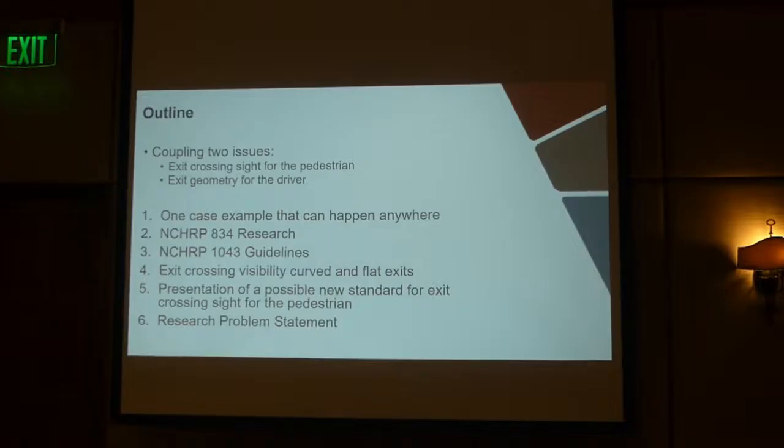We're going to look at some NCHRP 834 research, and that's just crossings at roundabouts, and NCHRP 1043 guidelines, so that's the roundabout guidelines. We're going to talk about exit crossing visibility at curved and flat exits, the presentation of a possible new standard for exit crossing sight for the pedestrian, and then we're going to look at some research problem statements.